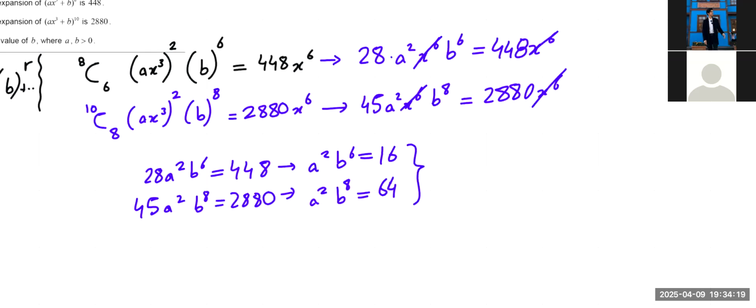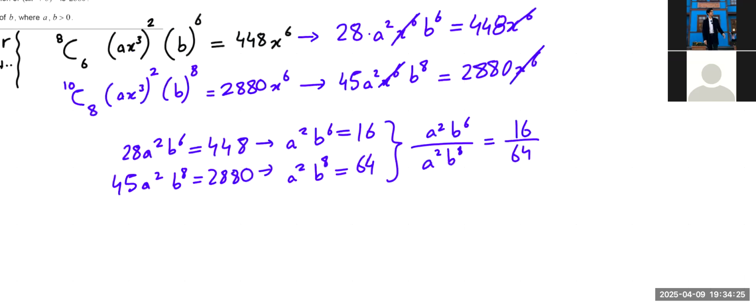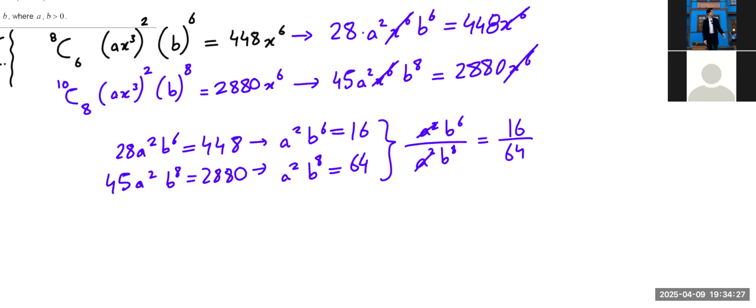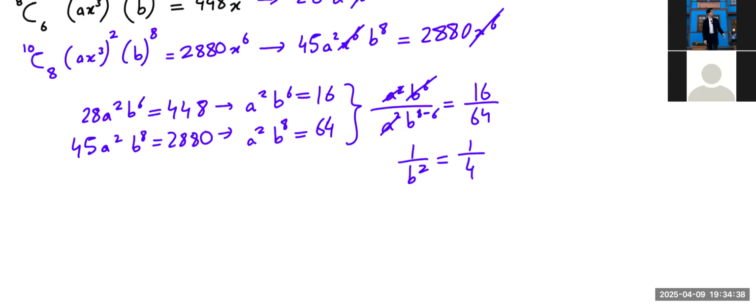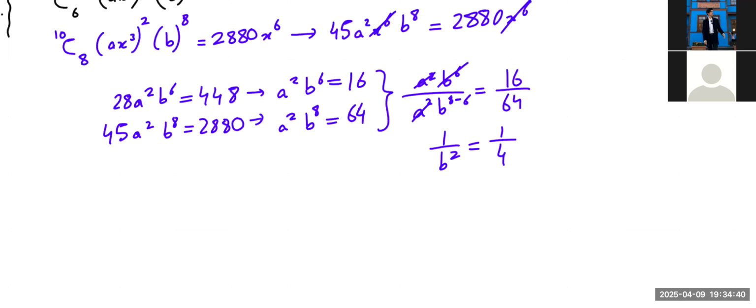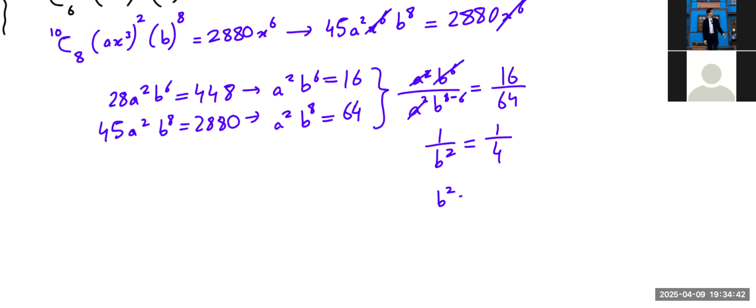So a squared b to the 6 over a squared b to the 8 equals 16 over 64. The a squareds cancel out. The b to the 6 and the b to the 8 cancel out to give you 1 over b squared. And 16 over 64 simplifies to 1 over 4. Following so far? Then you can flip both sides, which gives you b squared equals 4, which means that b has to be equal to plus or minus 2.